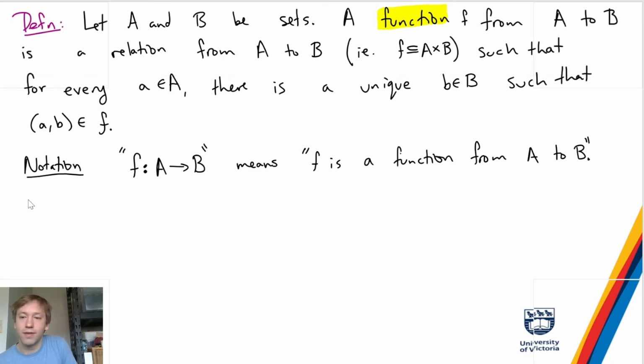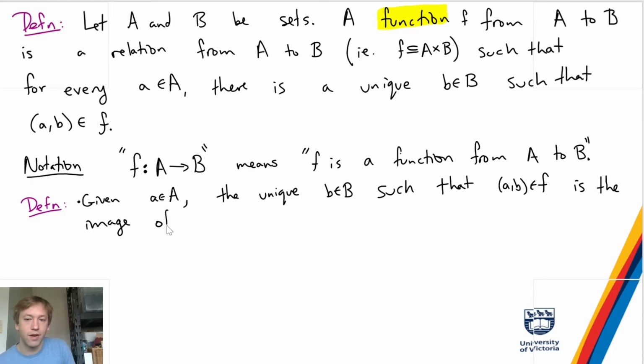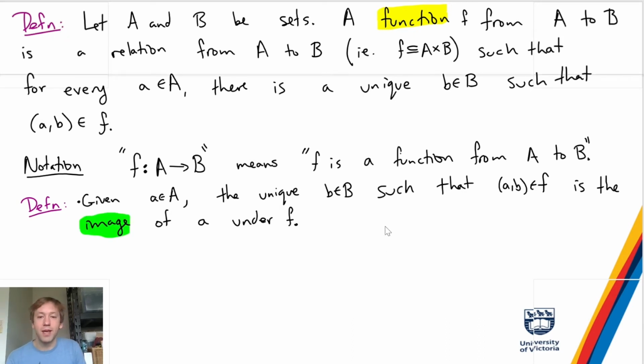So we're going to need a whole bunch of other definitions here. First of all, given an element, let's say a in A, the unique b in B such that the pair (a, b) is in f, we call that the image of a under f. In other words, we define b to be f of a.